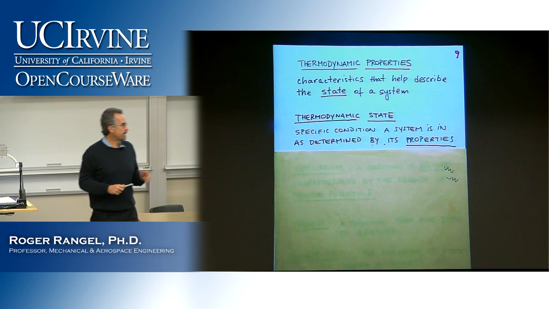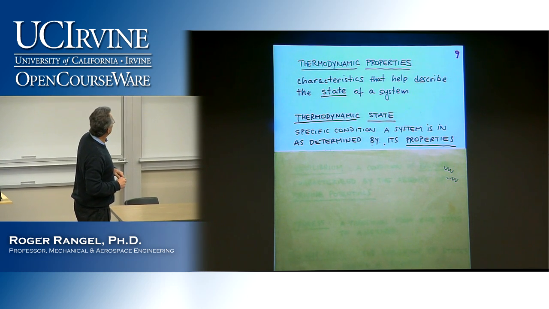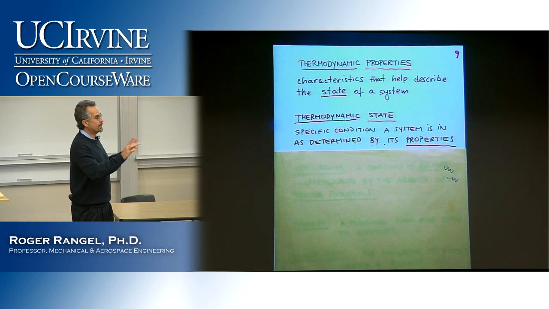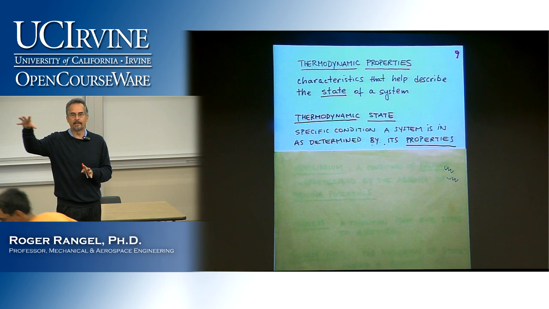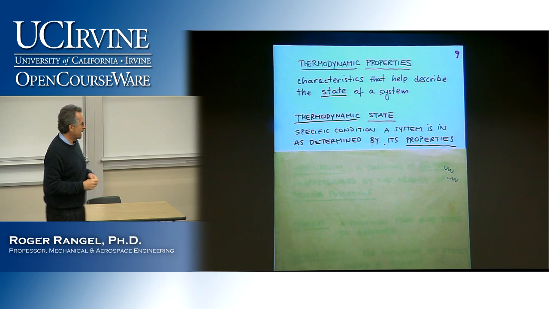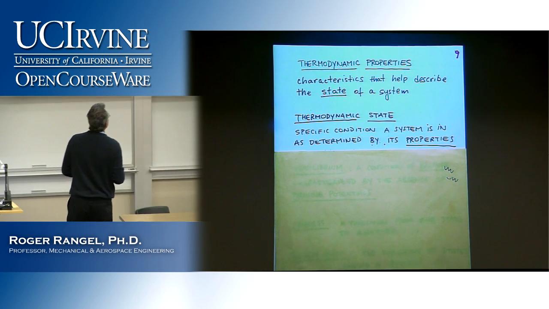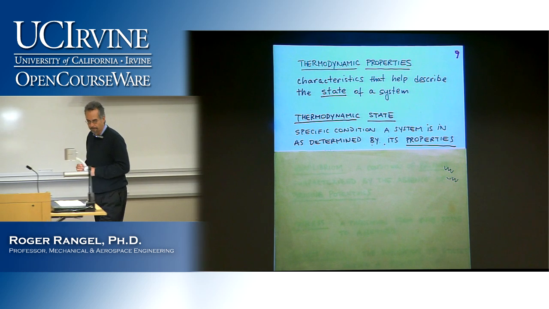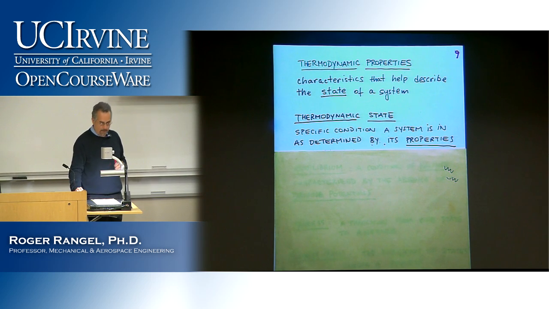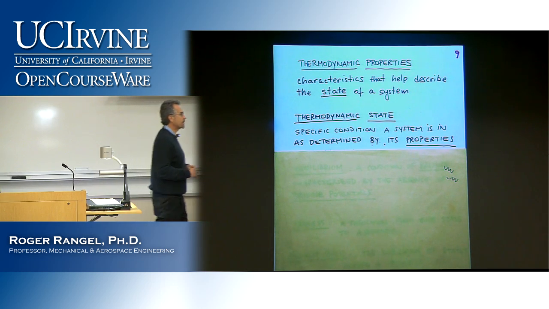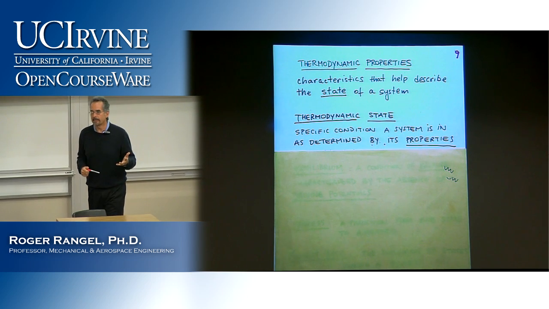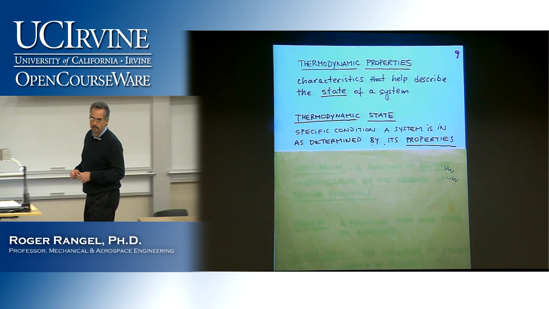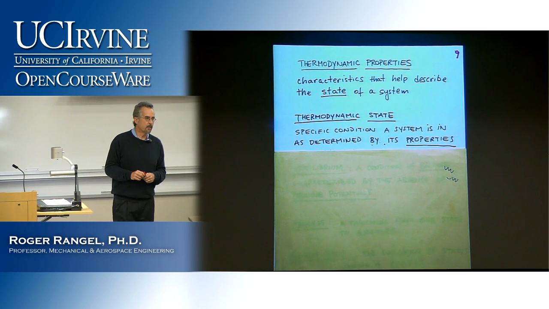In other words, if I have certain values for the properties, those values will determine the state of that system. And a question that will be important for us later on is, how many properties do I need to know to determine the state of a system?